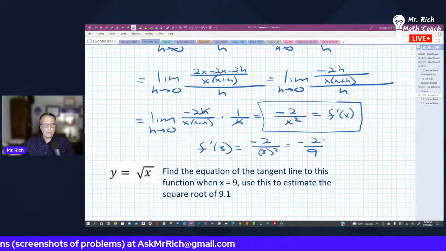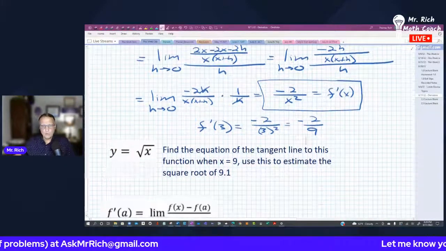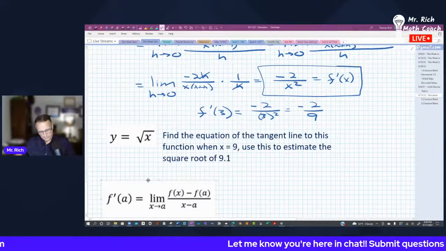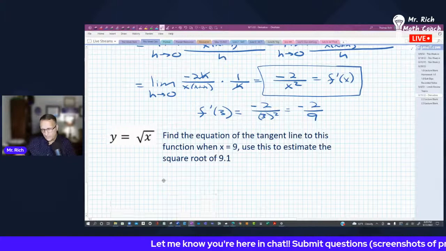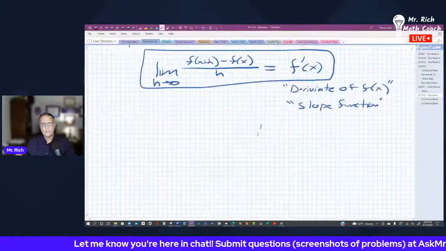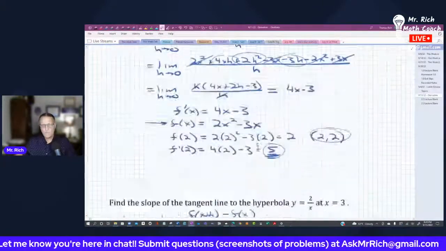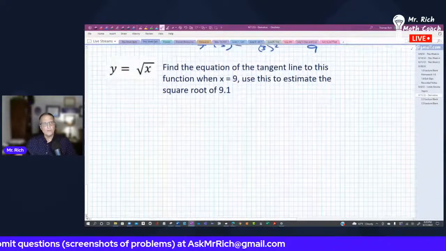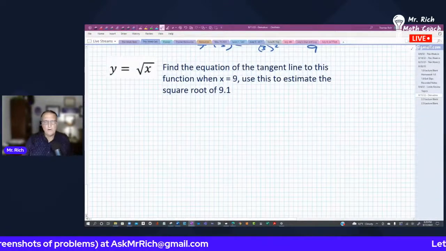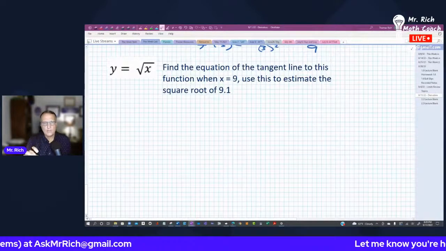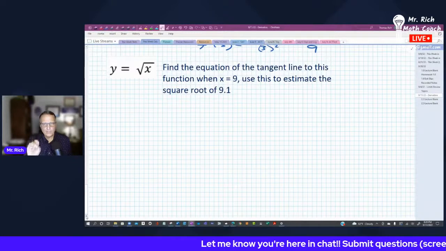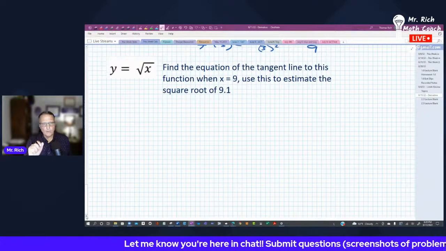But now let me go over here to the next thing that I want to do. I'm going to move this up here out of the way. And I want to look at this problem. Suppose I have a function y equals the square root of x, and I want to find the equation of the tangent line to this function when x equals 9, and I want to use that to estimate the square root of 9.1.